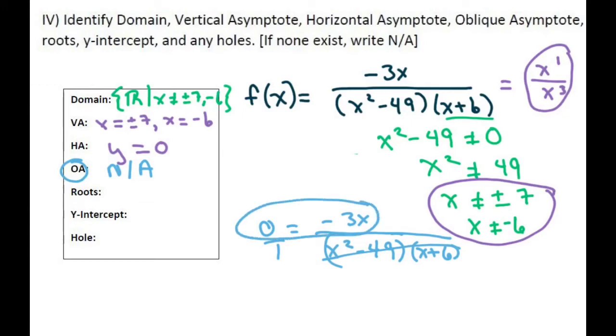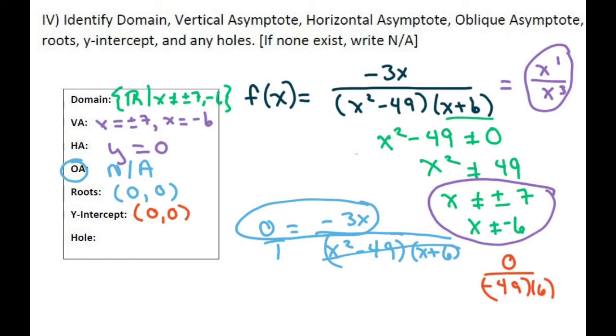And so our root is going to be at 0, 0. And remember, the roots just mean your x-intercepts. Now, your y-intercept is when x is 0. So if I plug in 0 everywhere, I'm going to get 0 over negative 49 times 6. And that's just going to be 0. So that's going to be 0, 0.